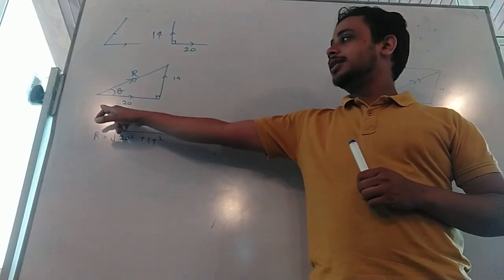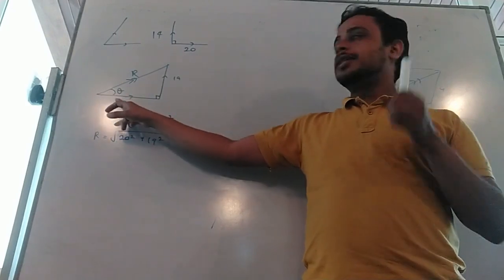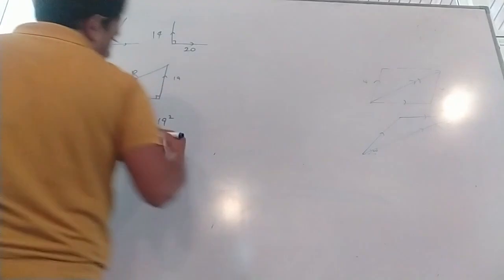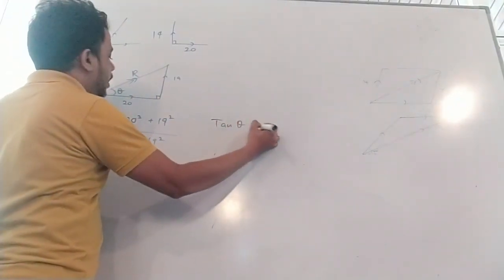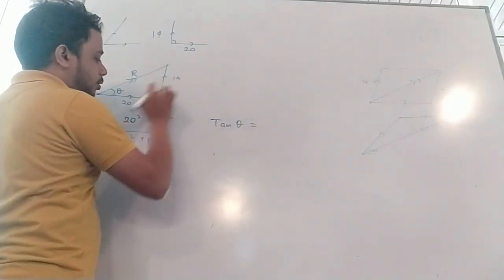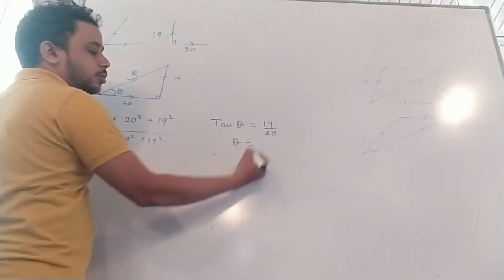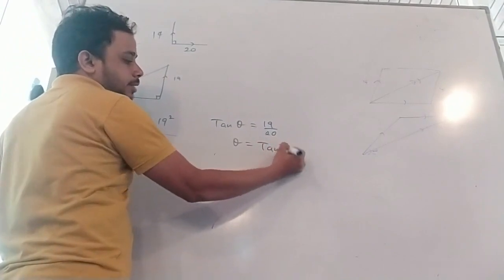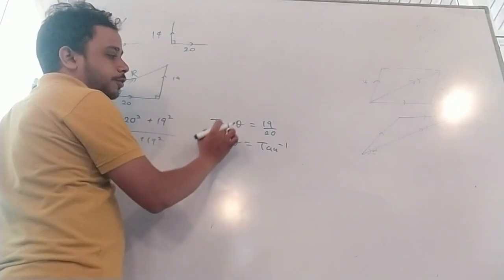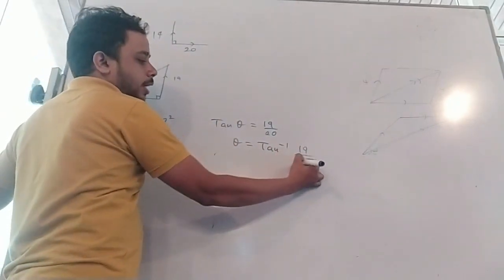And the hypotenuse is R. This is adjacent. So to get the angle, you can take tan theta equals opposite over adjacent, 19 over 20. So theta is equal to tan inverse of 19 over 20.